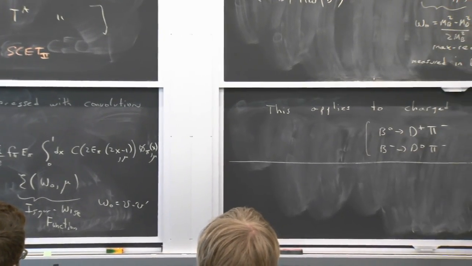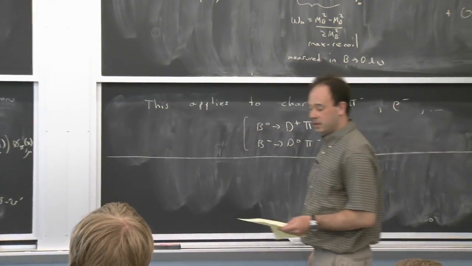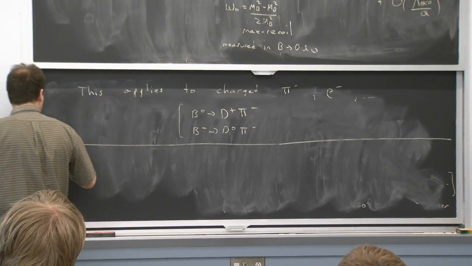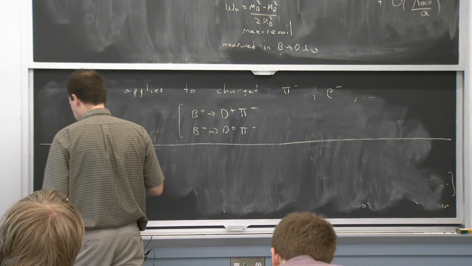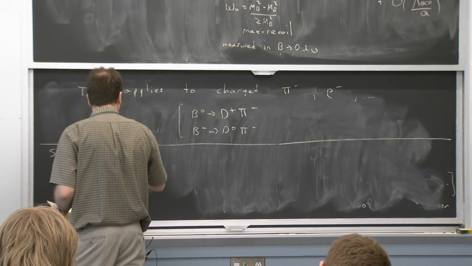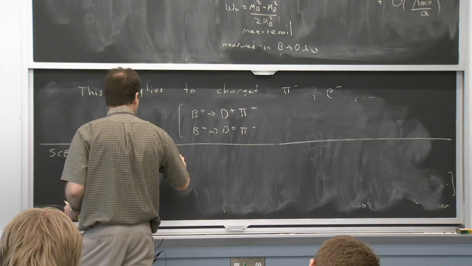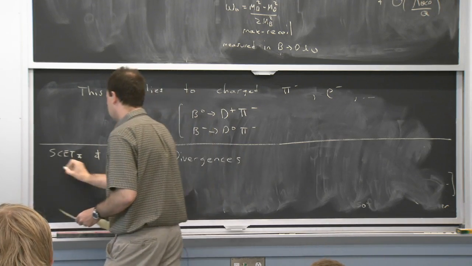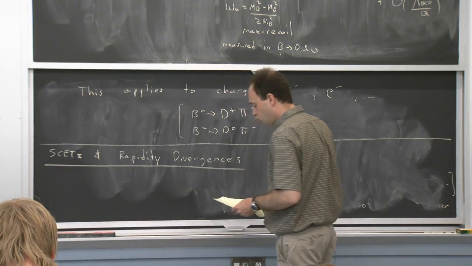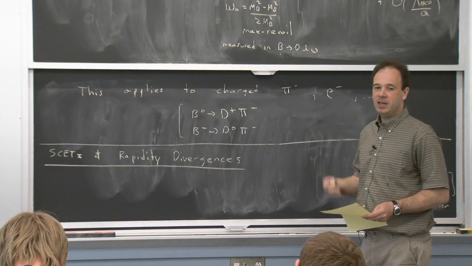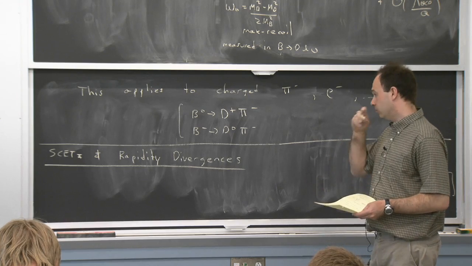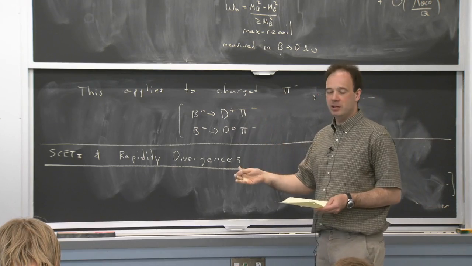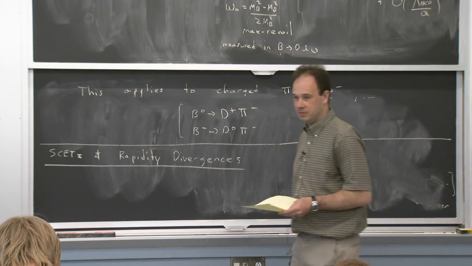Okay, so let's move on to our second topic, which will take the rest of today, and that's rapidity divergences. When we were talking about SCET1 and loop calculations, we saw there was a subtlety: when we were doing our collinear loops, it could double count the ultrasoft loop, if you remember.